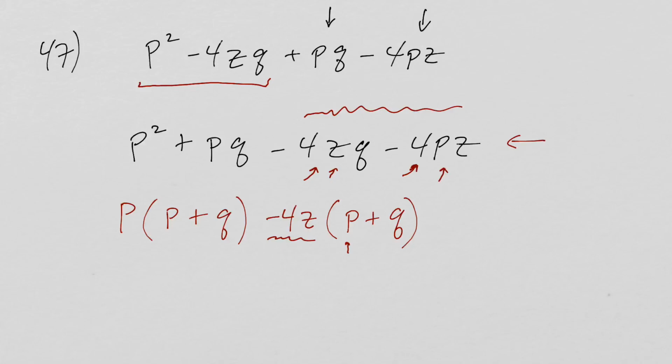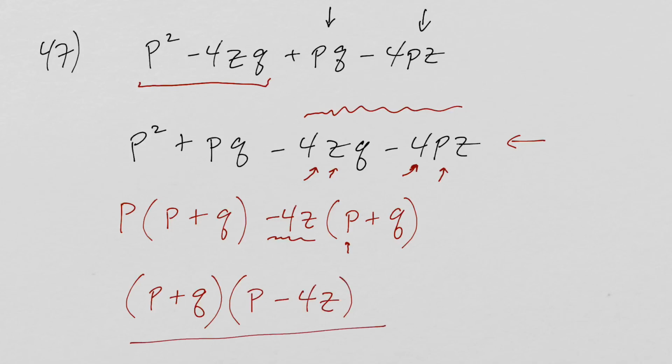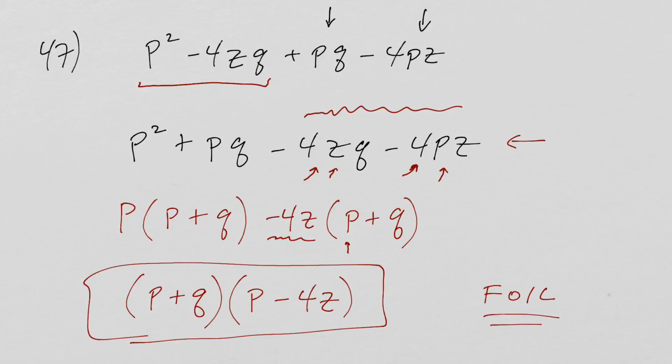So now I can see that the p plus q is common, and I'm left with p minus 4z. Again, that's a little bit tricky, so especially on a test, take a moment to FOIL this and see that all four terms will come back to your original with the correct signs.